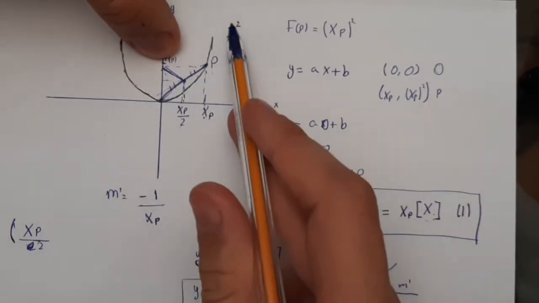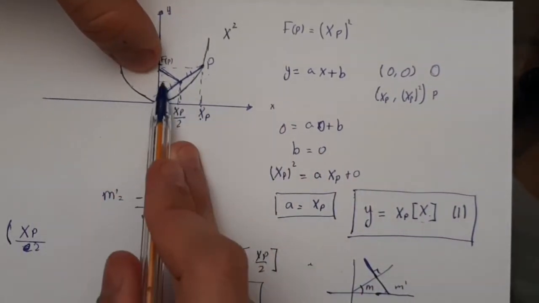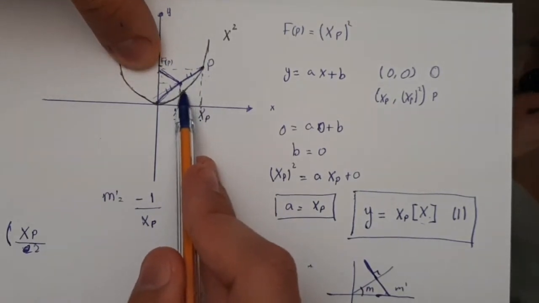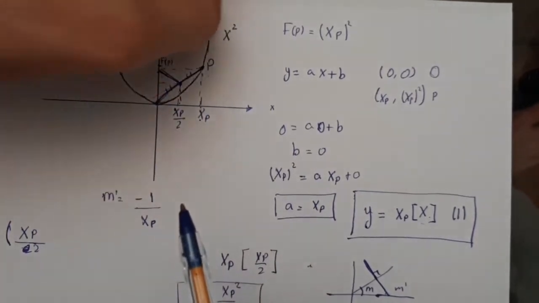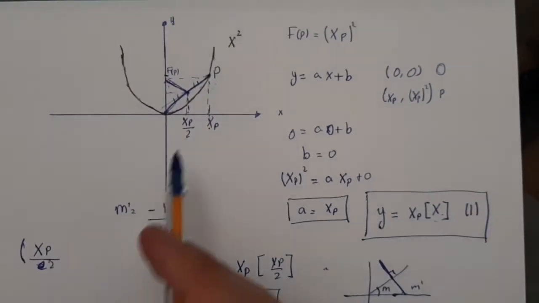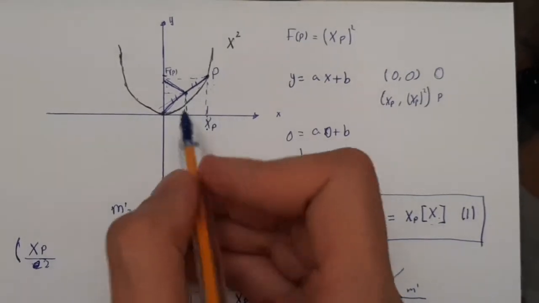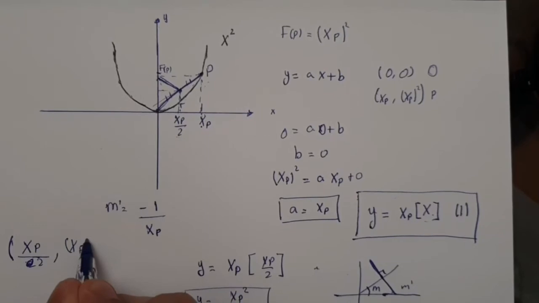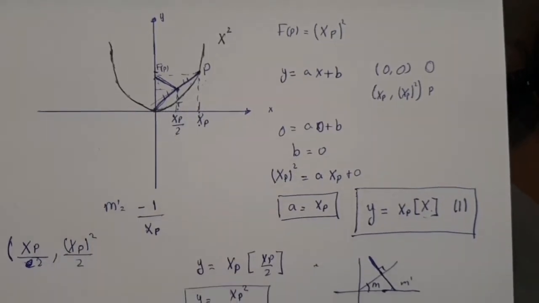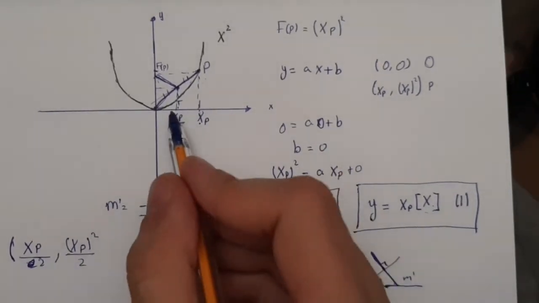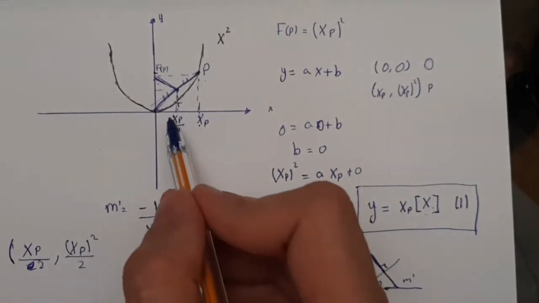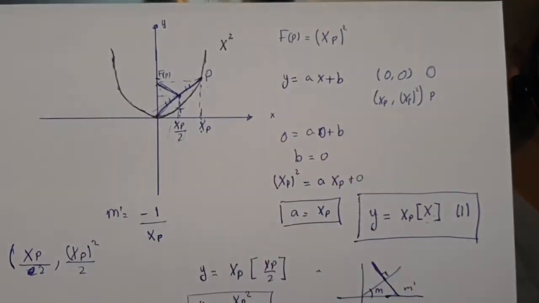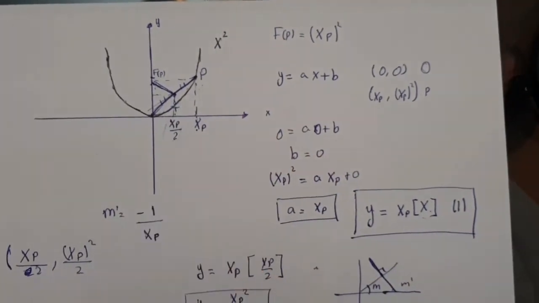It is xp squared divided by 2. You can't take it on the parabola, you can't say it is divided by 4 because divided by 4 would be over here. What I'm saying is that it's not the point on the parabola, it's the point on the line.